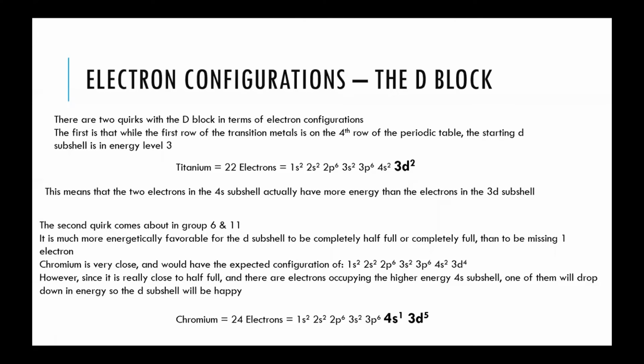Now, as you get to larger elements, particularly the d block, the transition metals, there are 2 weird quirks that are associated with the d electrons in the transition metals.